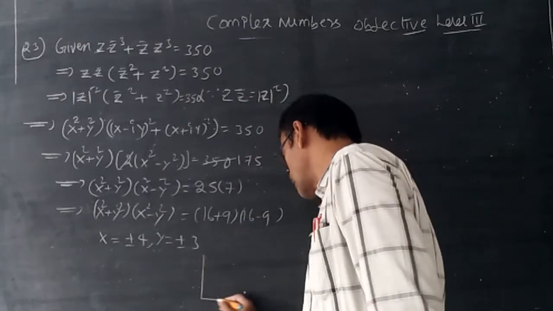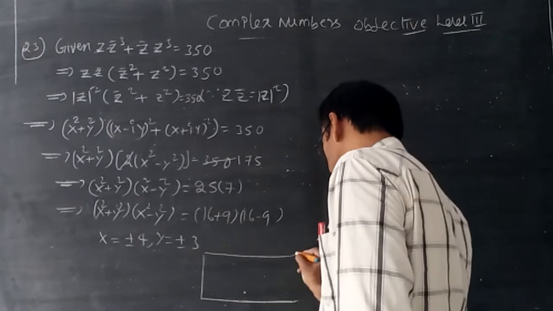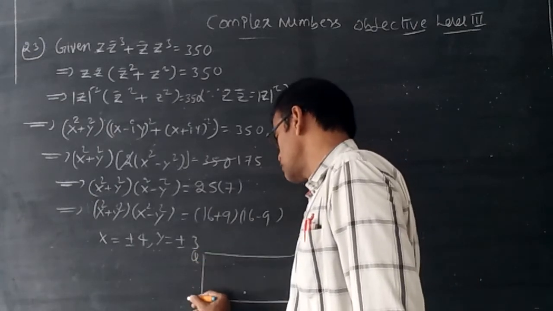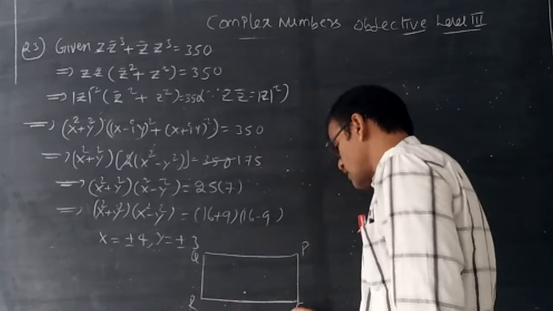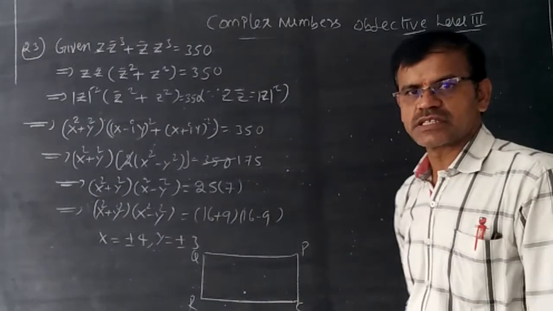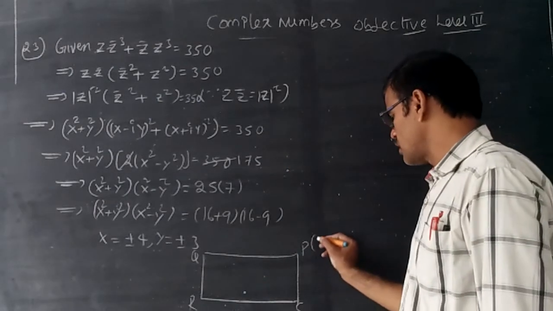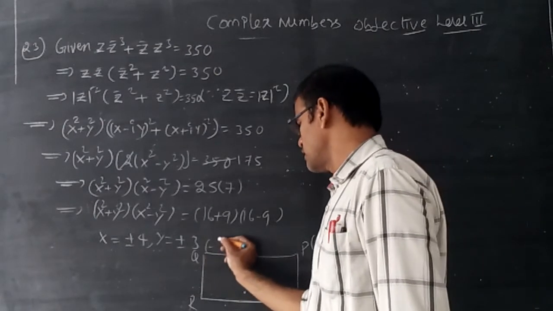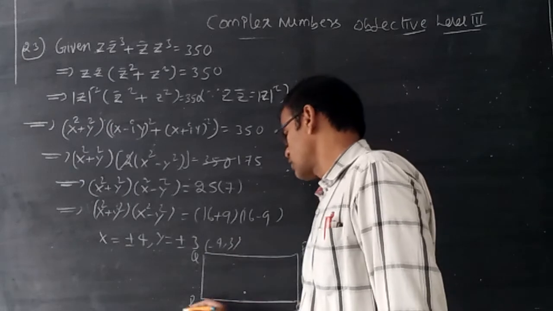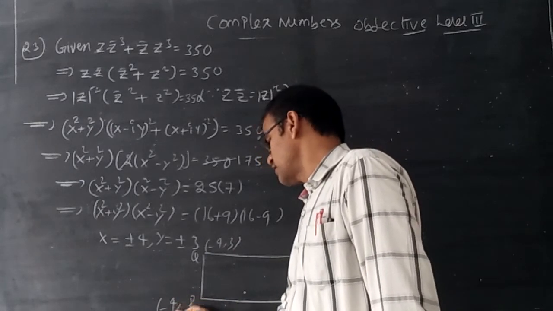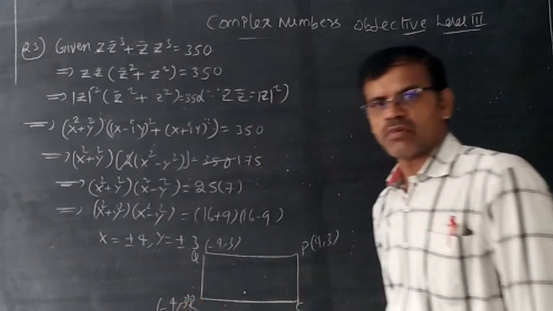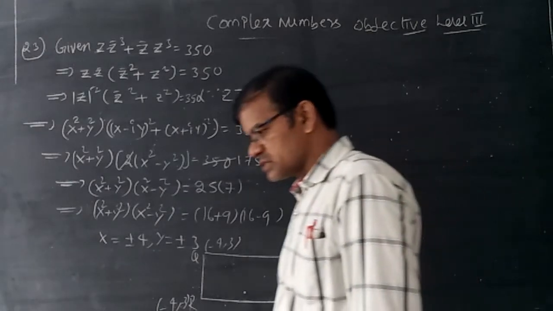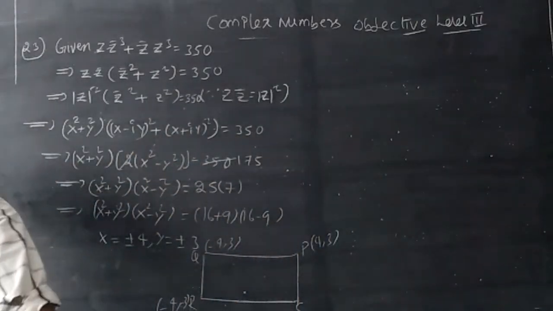So now draw the rough diagram. Put PQRS names here. This is P, this is Q, this is R, this is S. Parallel to the coordinate axes, you put here (4, 3), here (−4, 3), and here (−4, −3).